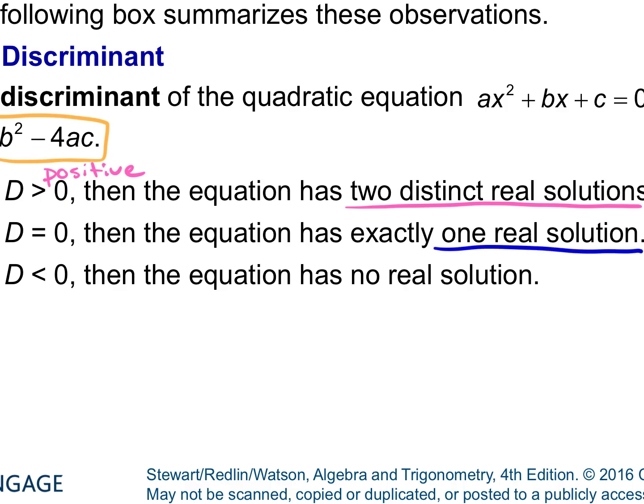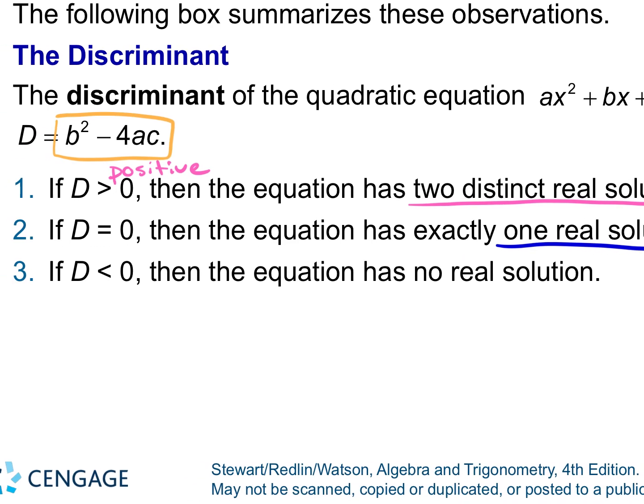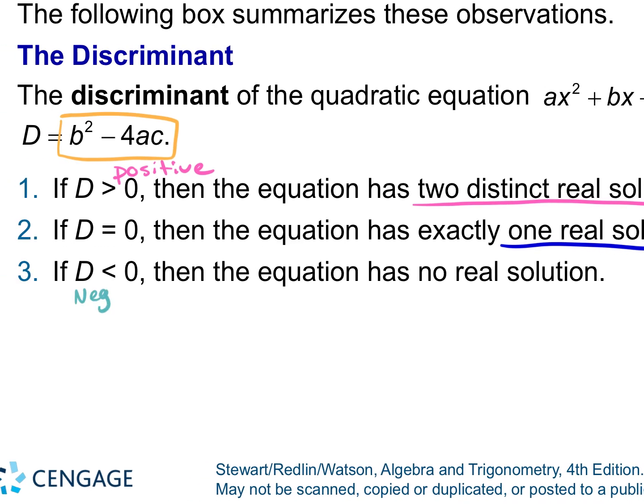And if our discriminant is negative, so if it's less than 0, then our equation has no real solution. So just like in the last question we did in C, where we had a negative under the square root, that b squared minus 4ac gave us a negative number, so we had no real solution. So this just tells us how many solutions we're going to have. It doesn't give us the answer, just tells us how many solutions.